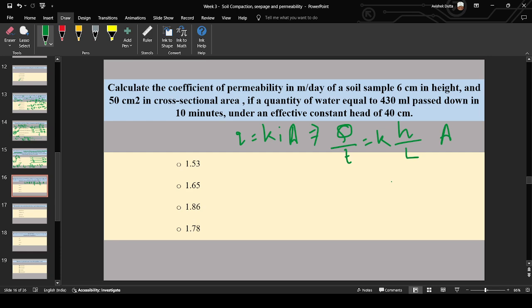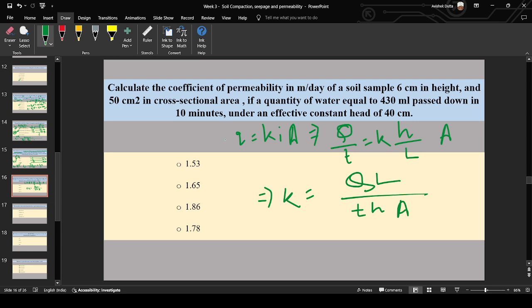The coefficient of permeability. Now, rearranging the formula, K equals Q into L divided by T H A.